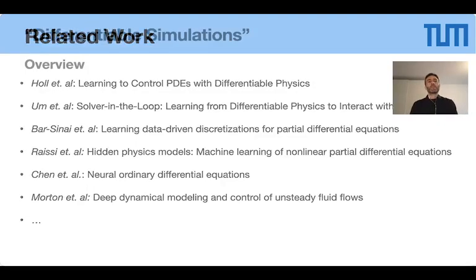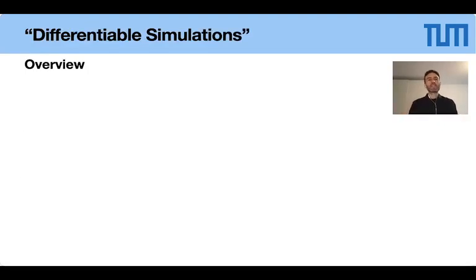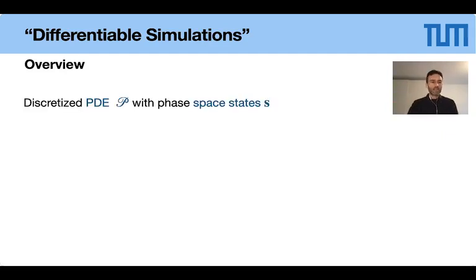Right, so how do these differentiable simulations work? Let me start with a very rough overview before going into the specifics of fluid modeling and then also this deep learning connection. In my chapter, I'll use the following notation. We have a PDE description P and some phase-space states of a system, for example, the velocity of a fluid denoted by S. So this can be high dimensional, discretized on some mesh or grid.